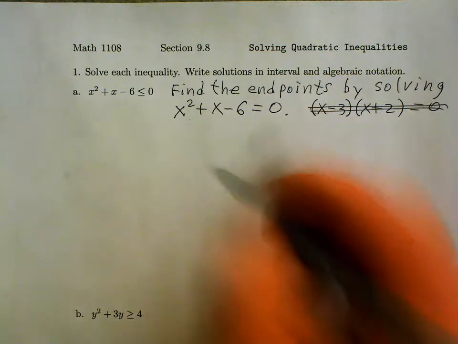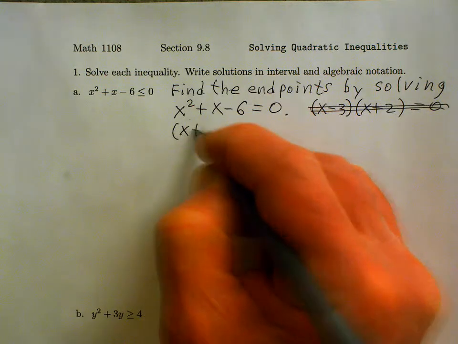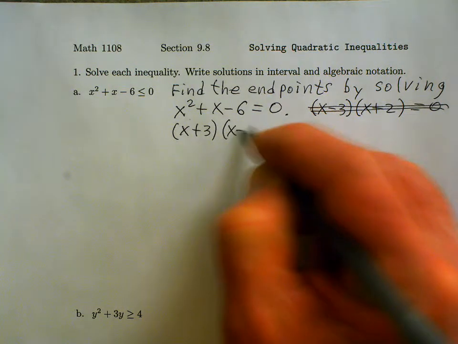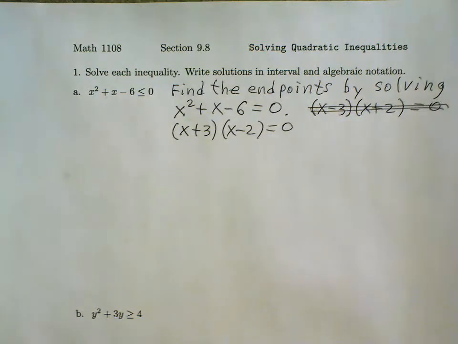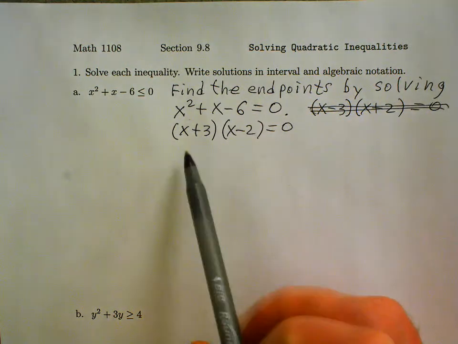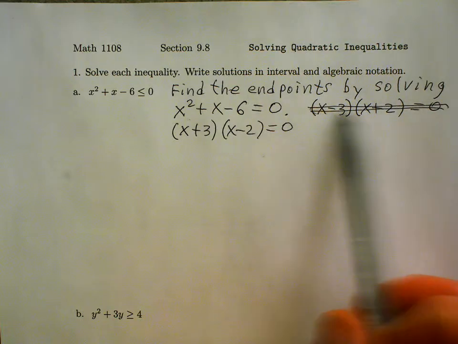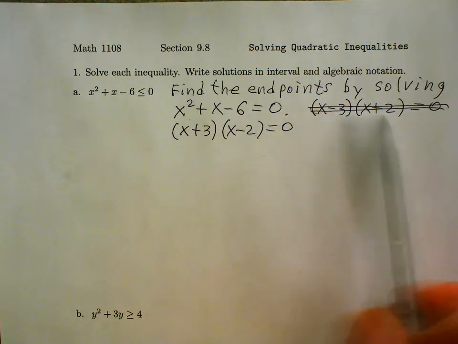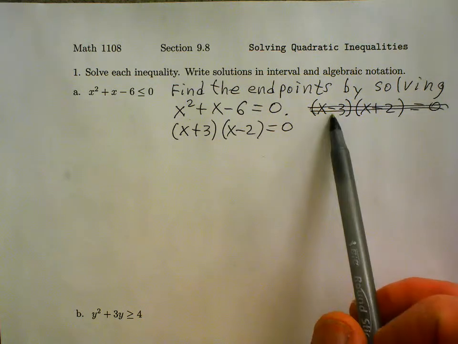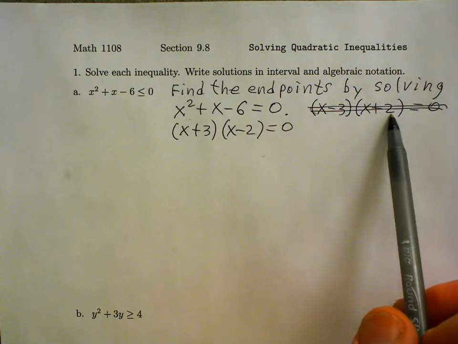The two factors are x plus 3 and x minus 2. So the way that I caught my mistake was to visually multiply. Negative 3 plus 2 is not positive 1.